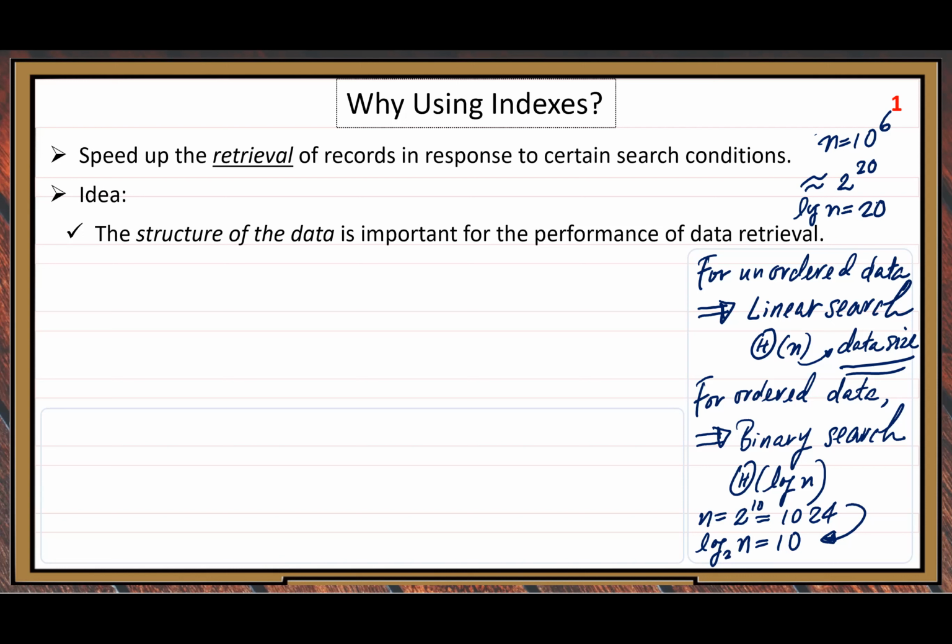Which field it is ordered by makes a difference, so you need to consider different fields. You want to make it ordered. After that, you can take advantage of binary search to make your search operation very fast. That's the high level motivation.